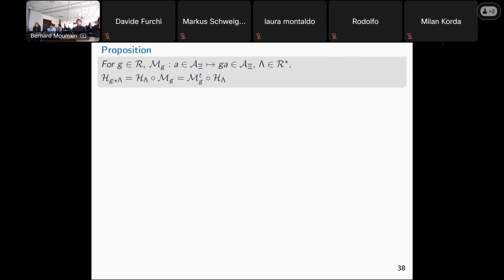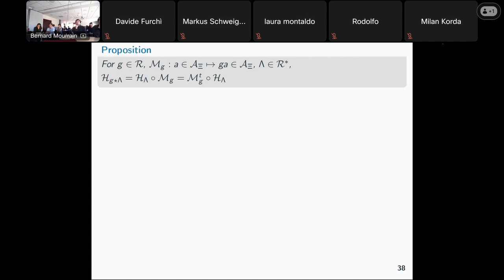So we can look at what is the Hankel operator of G times lambda. We multiply by G, and the lambda. And so what we are wondering is what could be this Hankel operator?